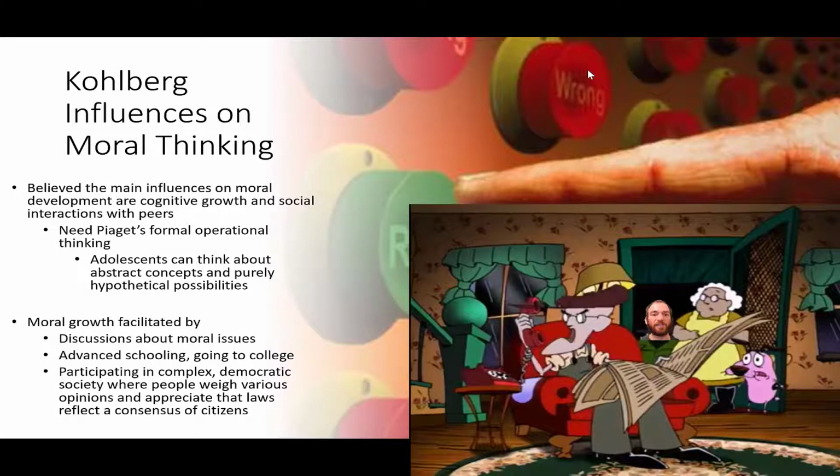So a specific idea of what democracy is, and a specific idea of how you go about developing moral development: going to higher education, and this emphasis on debate and discussion about moral issues.